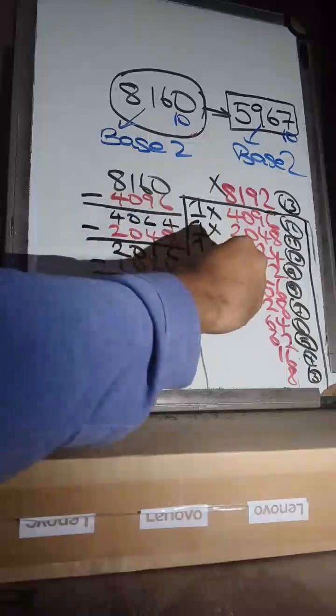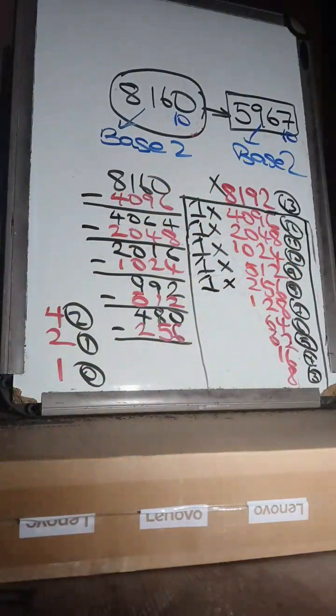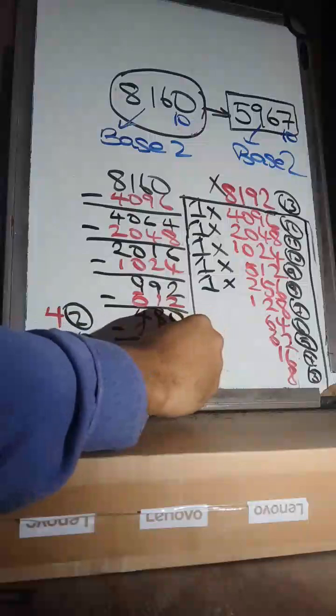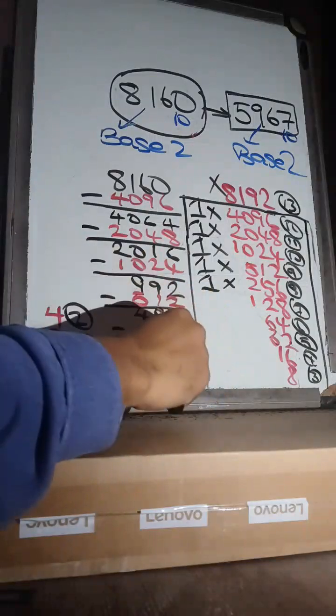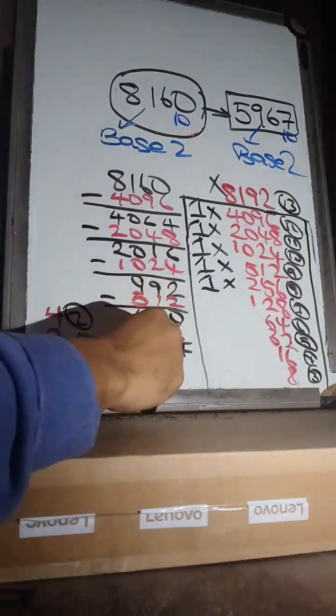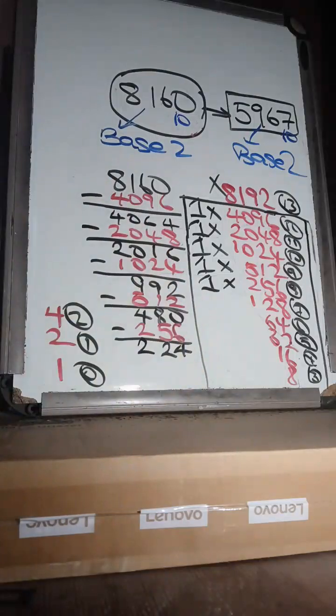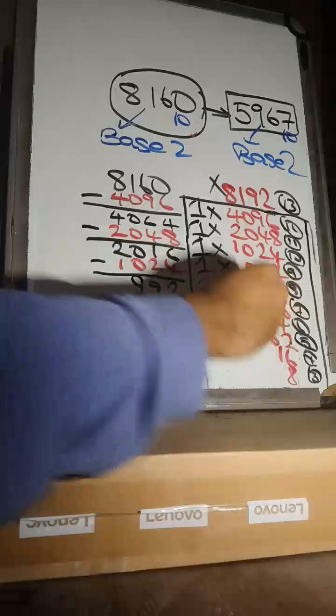Alright, so I could write the 1 times 256. Now, if I add 4 to this, alright, 0 carry on 1, 8 minus 6, that gives me 2. So, yeah, 224. Might as well use the 128.